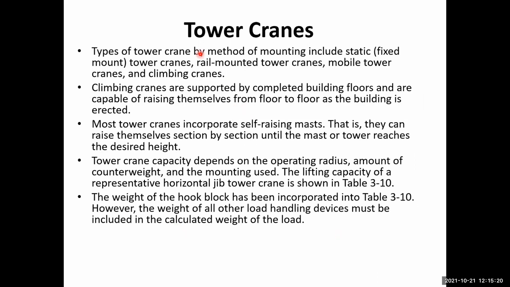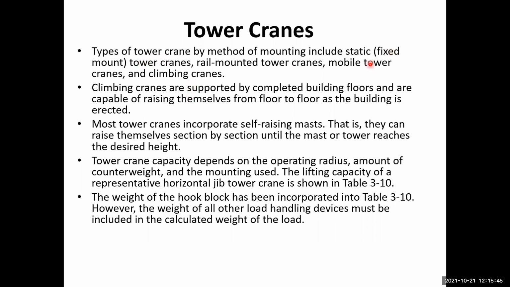Types of tower cranes by the method of mounting include static, that is, fixed mount tower cranes, rail mounted tower cranes, mobile tower cranes, and climbing cranes. One of these four types can be used.